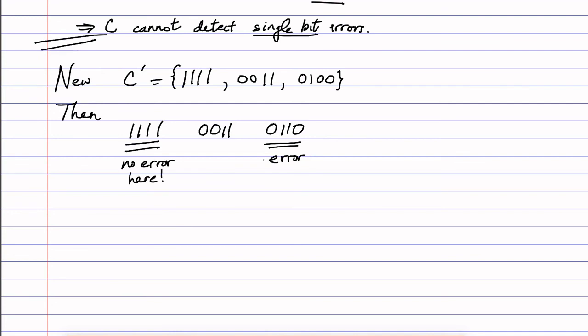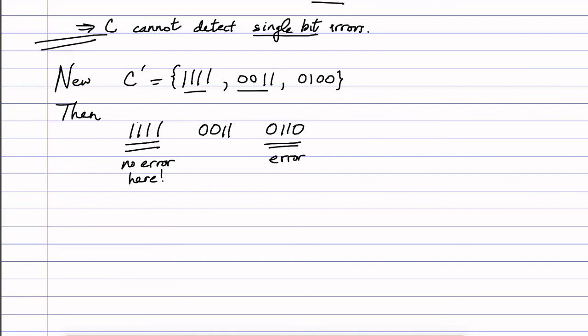That is, if we're assuming that there's at most one bit change per code word in the message that we've received, then we can look at this and be certain there's no error in this first code word. The reason for that is because the two code words that caused problems last time have been changed. Now we have this and this. And to get from one to the other would require a change of 2 bits instead of just 1.